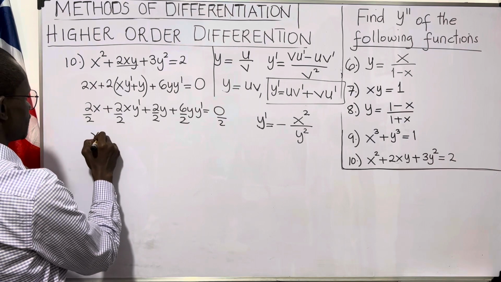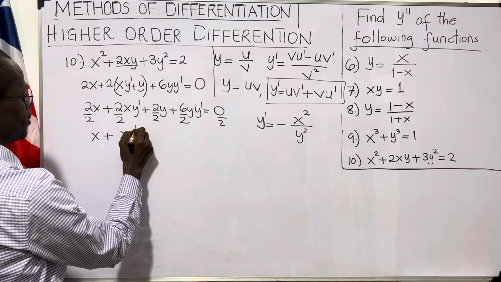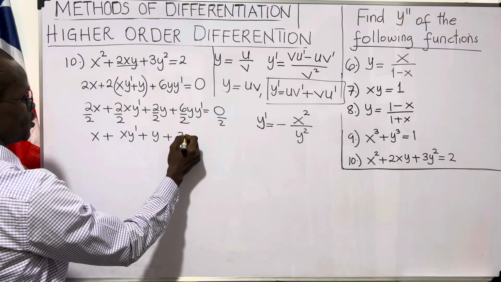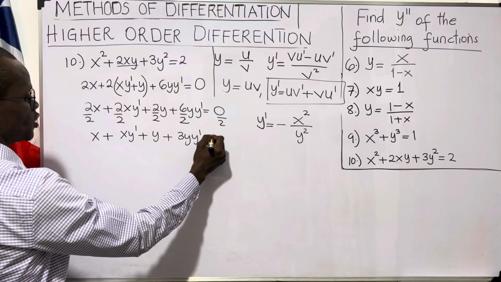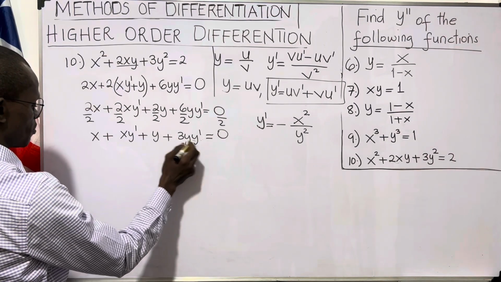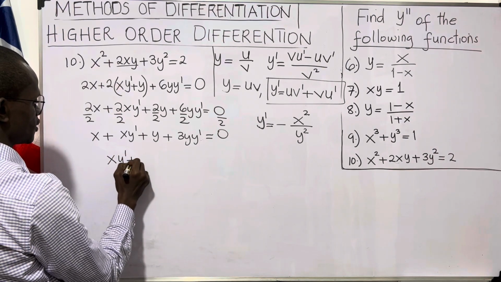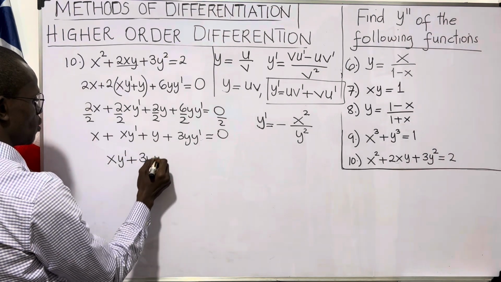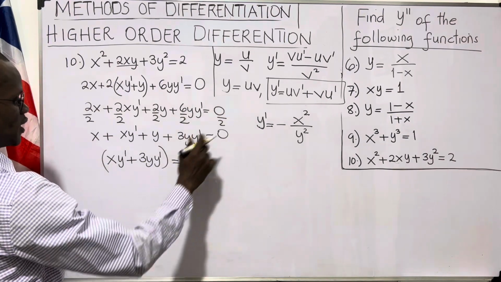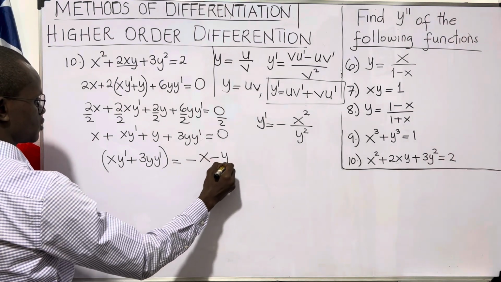So we will have x plus xy prime plus y plus 3y prime equals 0. So these y prime terms, xy prime plus 3y prime, and the rest of the terms we send to the right hand side of the equation. So we have minus x minus y.